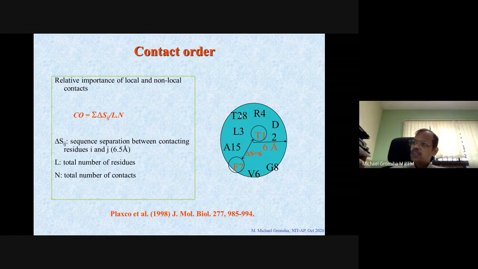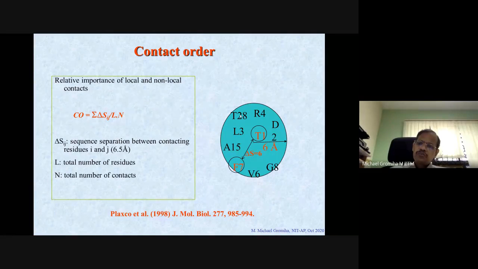T1 and T28. T27. T1 and L3. 2. And T1 and A15. 14. T1 and F7. 6. T1 and V6. 5. T1 and G8. 7. What is that sum now?